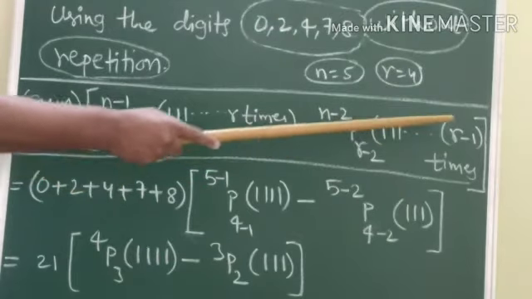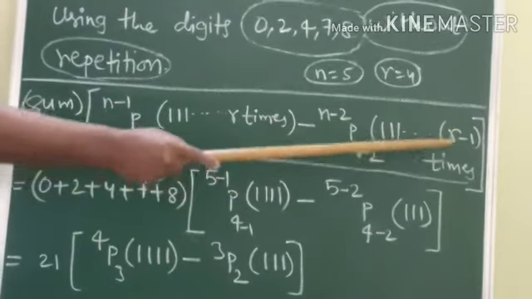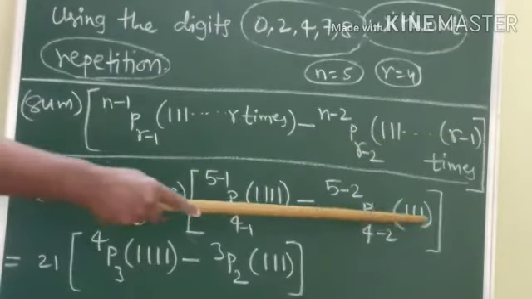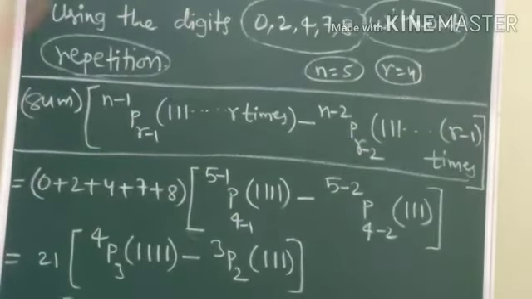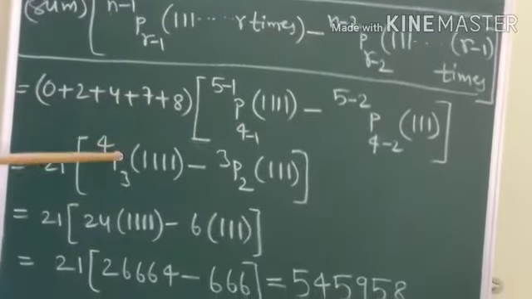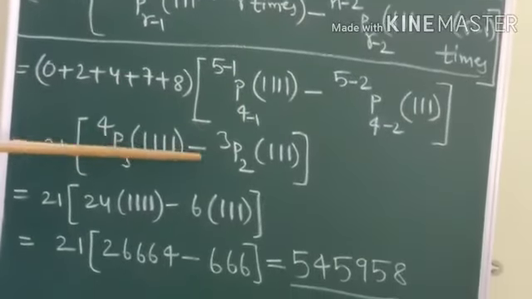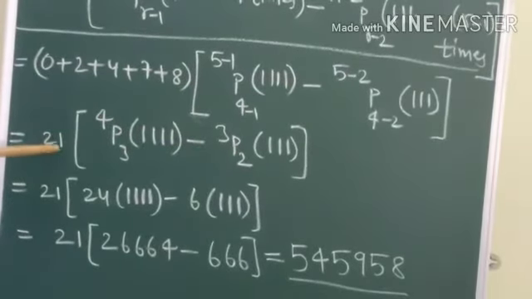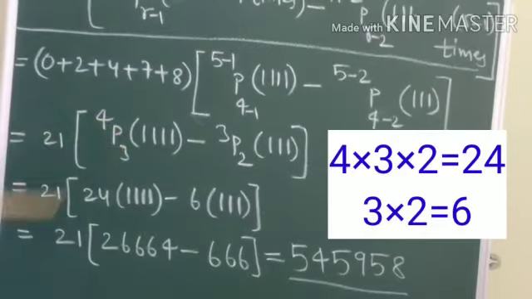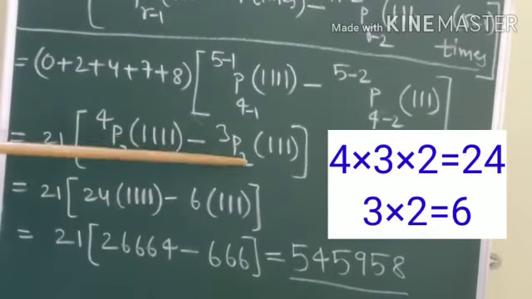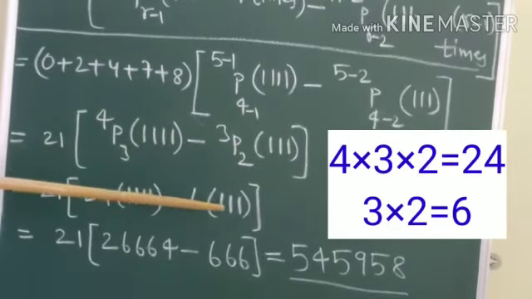Here we take ones r minus 1 times. R value 4, so 4 minus 1, that is 3 times. Take 3 ones. By simplifying this, we get 21, this is 4P3 into 4 ones minus 3P2 into 3 ones. That is 21, 4P3 value 24 into 4 ones minus 3P2 value 6 into 3 ones.